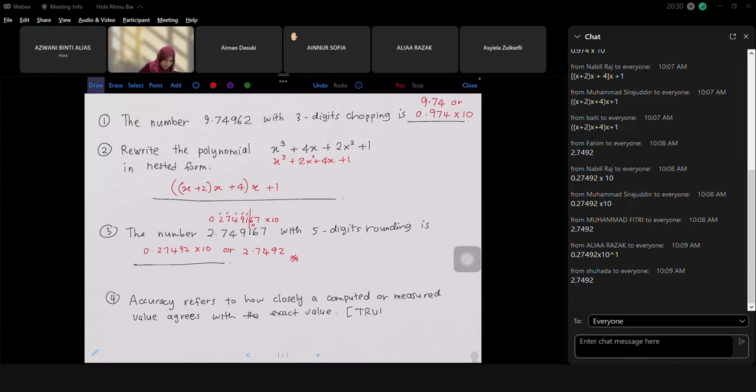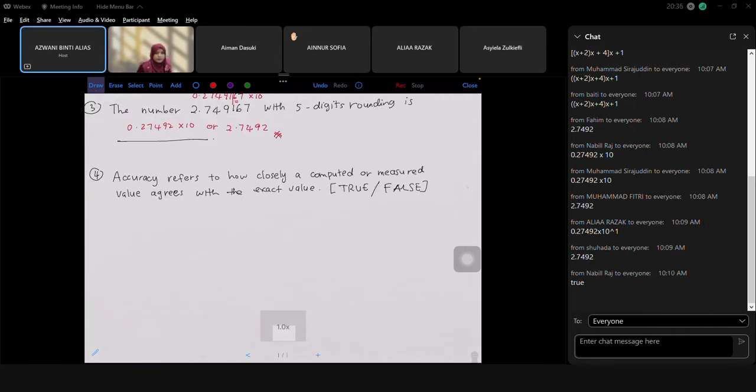Okay, is this statement true or false? True. Okay, Nabi answered true. Accuracy refers to how closely the computed or measured value agrees with the exact value.